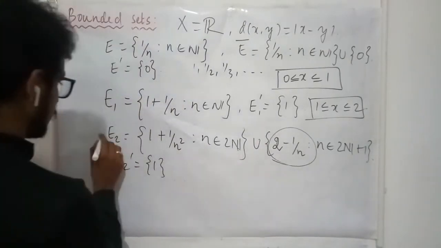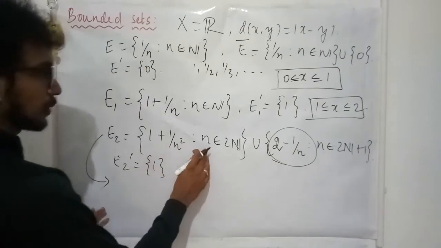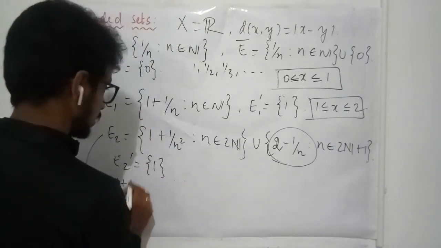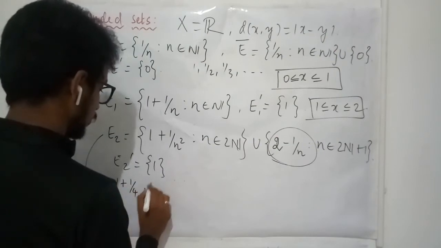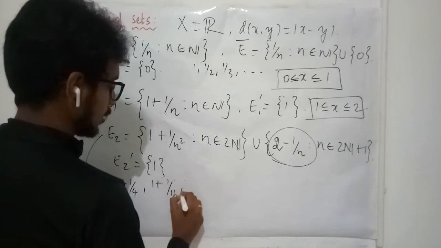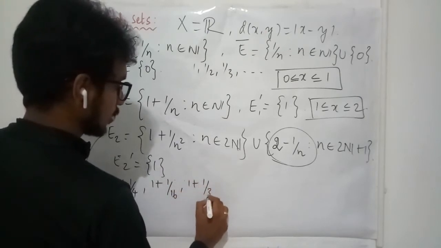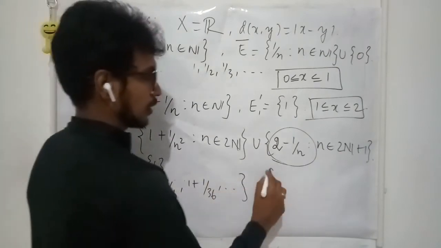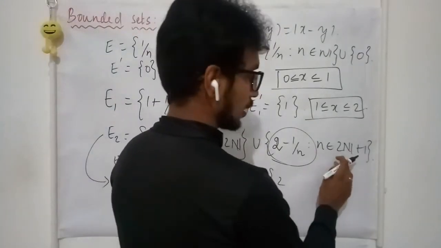Okay, from this, what am I going to get when I substitute n? It can take only even things. So 1 plus 1 upon 4, 1 plus 1 upon 16, 1 plus 1 upon 36, and it is going this way. Right? Here it is going to be 2 minus only the even things.